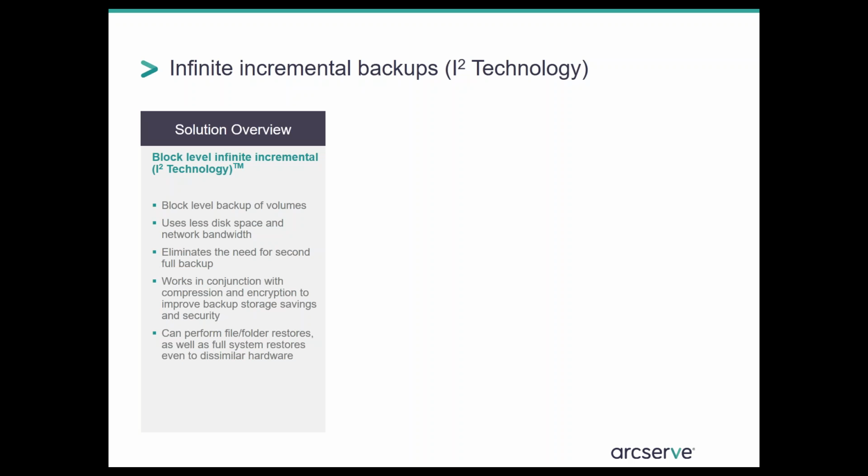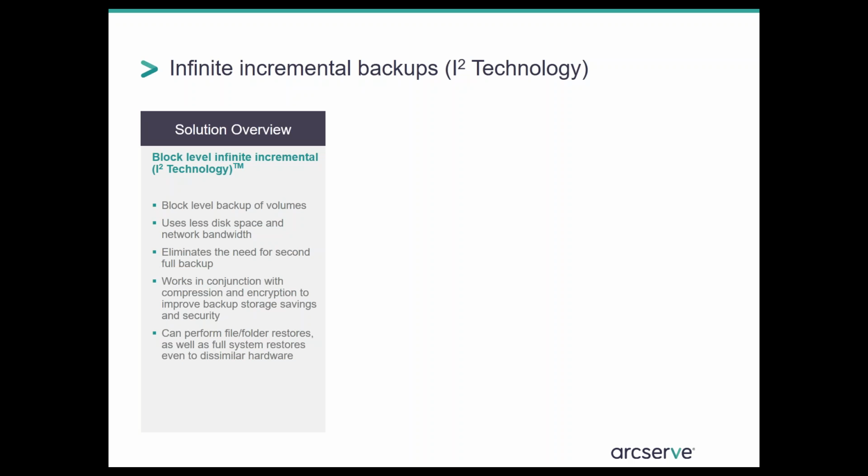Another key benefit of infinite incremental technology is that we only ever need to do one full backup, and that's going to be the first backup. After we've taken our first full, we can do incrementals moving forward. We can also enable compression and encryption on those backups so that we, again, further improve disk usage and have savings on the disk space and improve the security in terms of access to the backup images.